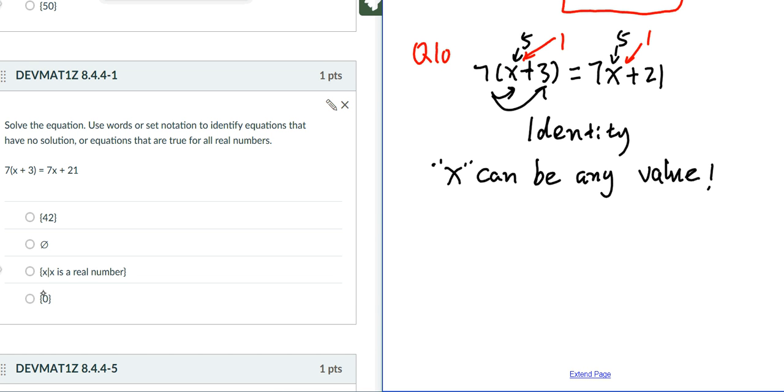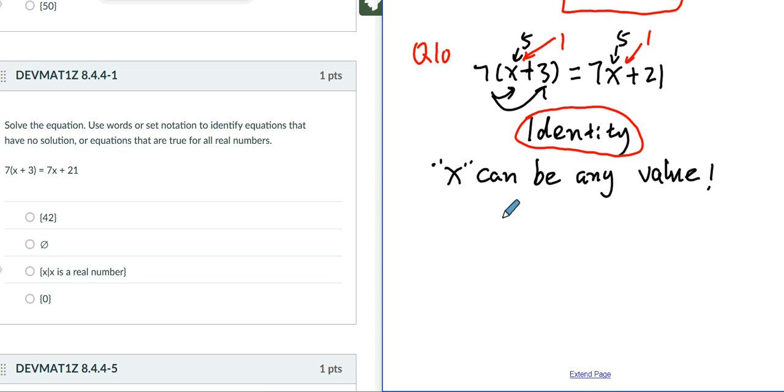So the answer is x is a real number. And if the equation is true for any number, then this equation is an identity.